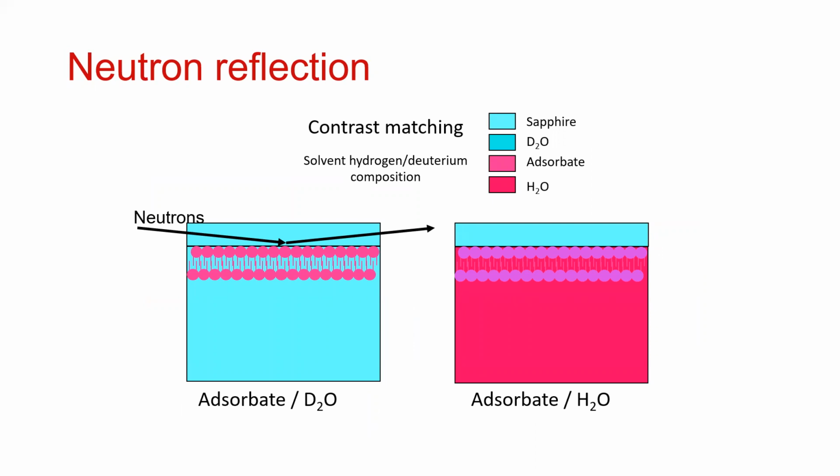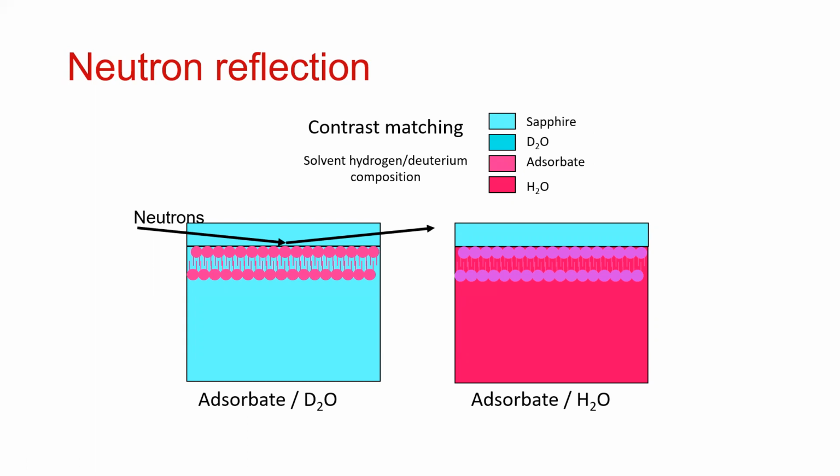The important concept relates to the ideas that I mentioned about using isotopes. If I have some molecules that are sitting at a surface, and if I, for example, calculate the scattering length density of a crystal substrate such as sapphire and the scattering length density of D2O, we have something like 5.7 times 10 to the minus 6 angstrom to the minus 2 for sapphire.